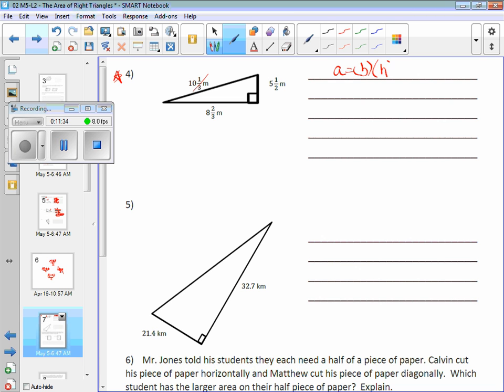Base times height divided by 2. Okay, where's the base? Well, what is the base? Normally, I would say turn that into a decimal, but we can't. Why not? Oh, Ariana.